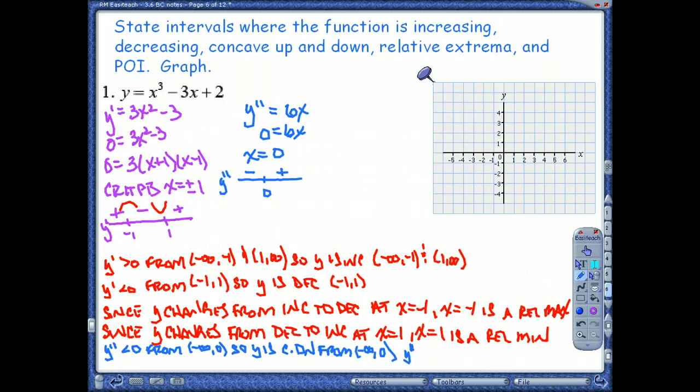Our second derivative is greater than 0 from 0 to positive infinity. So y is concave up from 0 to positive infinity. Okay, y changes concavity.